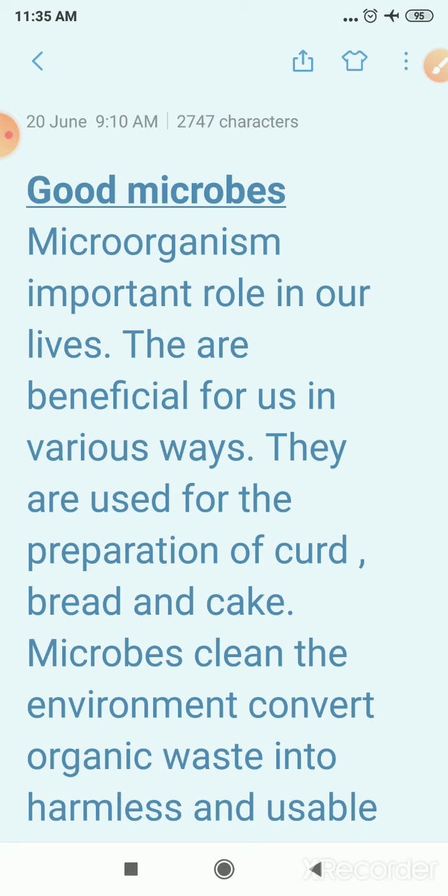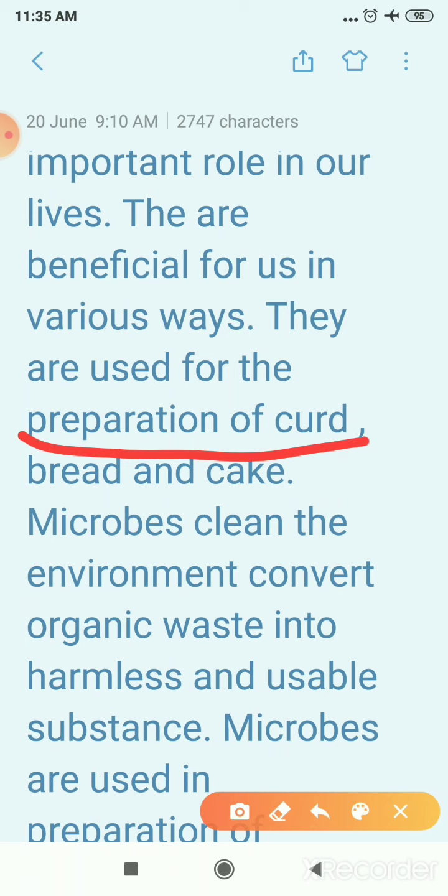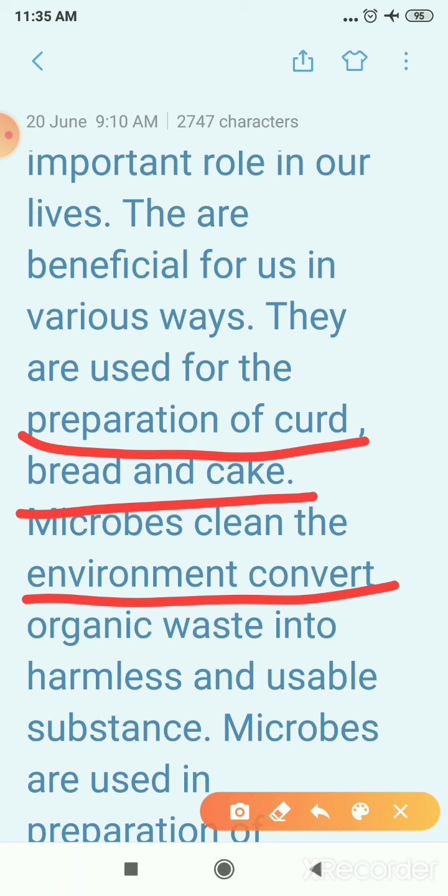Microbes are beneficial for us in various ways. In preparation of curd, microbes are used in baking of bread and cake. Microbes clean our environment by converting organic waste into harmless and usable substances.